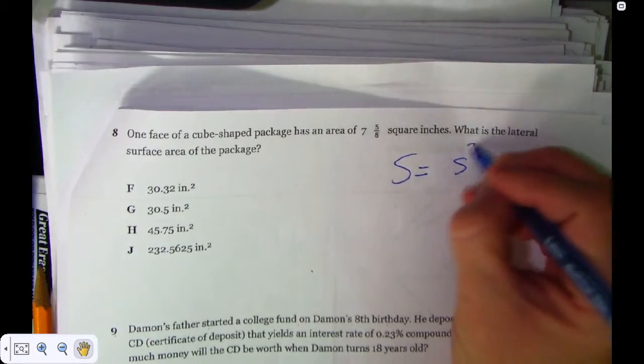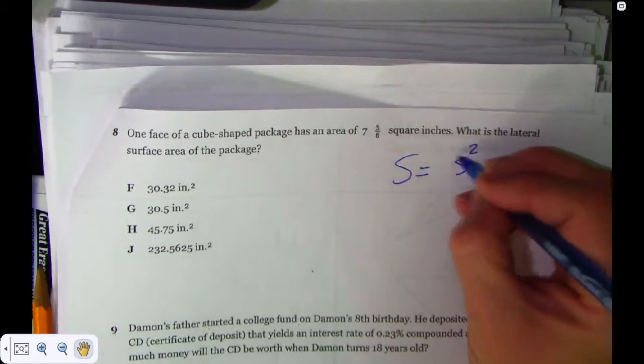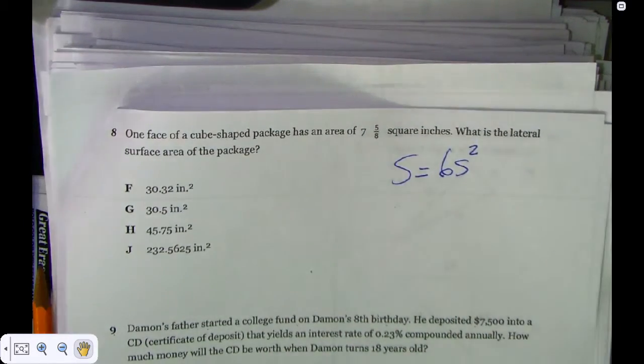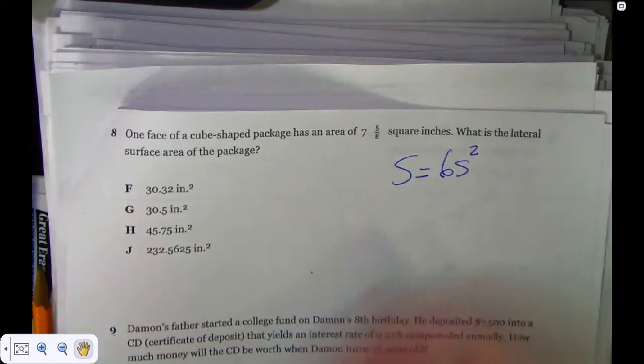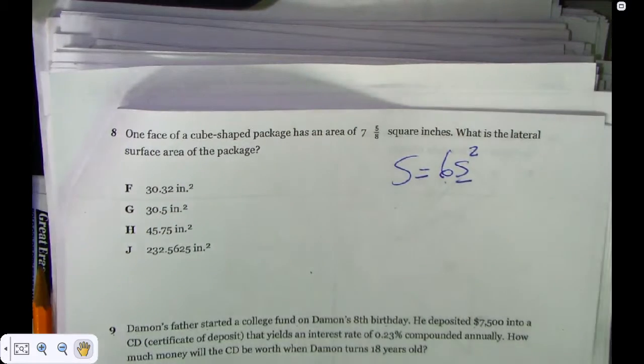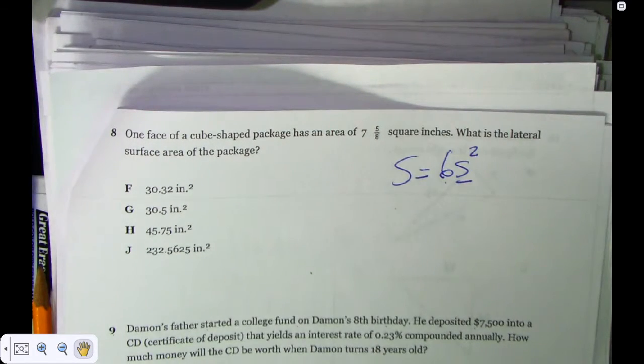We know that you get the area of 1 square and multiply by 6 because there's 6 squares that make up a cube. And to get the area of 1 square, you go side times side, squared. We don't need to say length times width anymore. We're going to high school. That sounds silly. You get the area of a square, length times width. That's silly. It's like you don't know the length and the width are the same on a square.